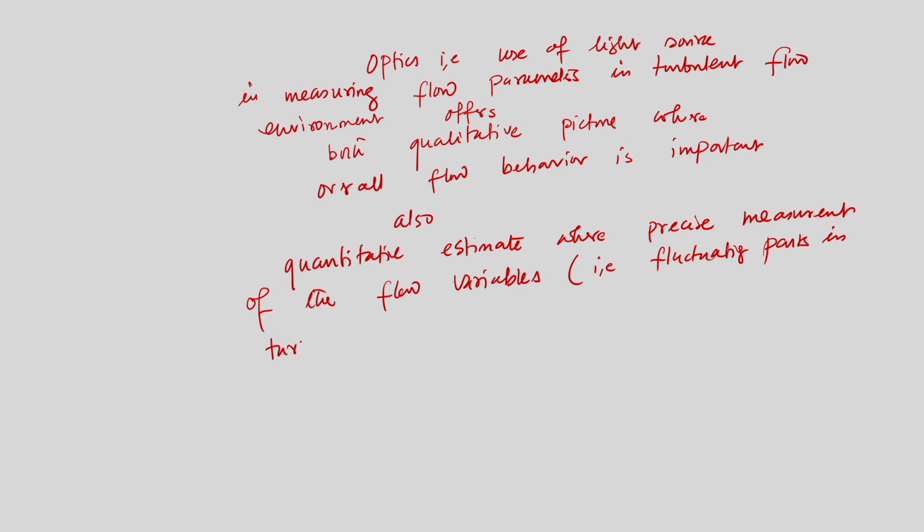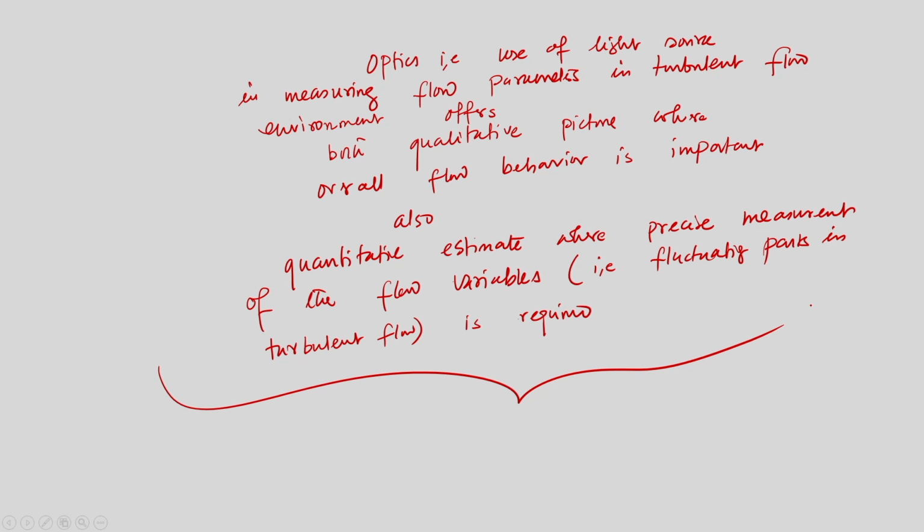So, these two are important, that means maybe we can use optics, although the analytical solution is not possible, analytical solutions are not there for the 3-dimensional turbulent flow environment.